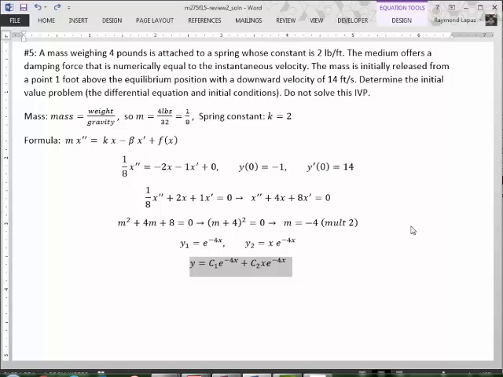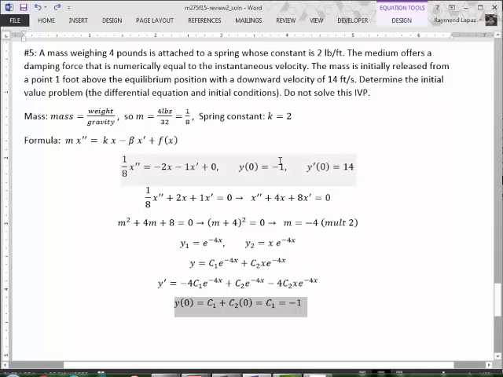And so our general solution will look like this, with the constants c1 and c2, and then we're going to use our initial conditions to solve for them. So first we're going to take the derivative, and then we're going to put 0 in. Putting 0 into the position equation, we get c1 is equal to -1.